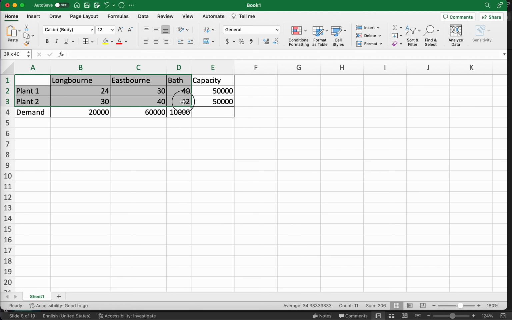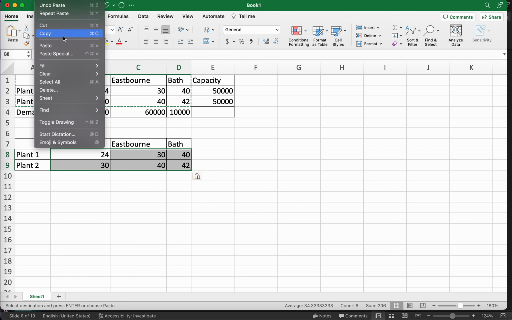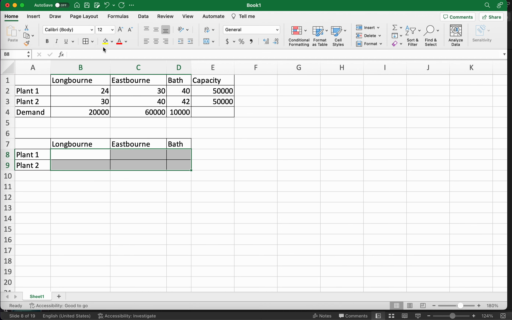So the next thing that we do is I'm going to copy this portion here. So these values here, I'm going to color them. And the reason why I'm coloring them is because these are your decision variables. So this is where the final answer is going to show up.